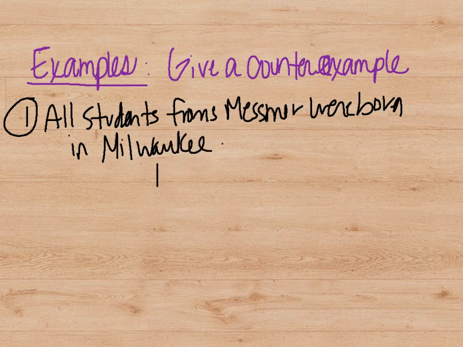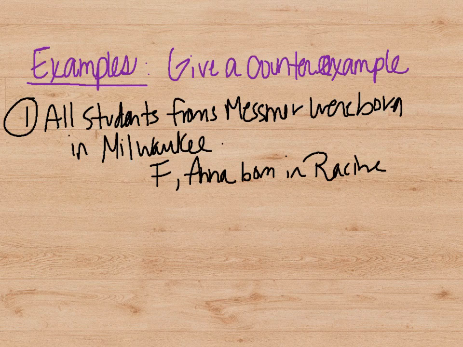So this would be false, and a counterexample would be, well, I don't know, let's say Anna was born in Racine. Okay, or maybe you yourself were born in Illinois, or you were born in Georgia or California. So this is a counterexample right here, an example that proves that this statement is actually false.